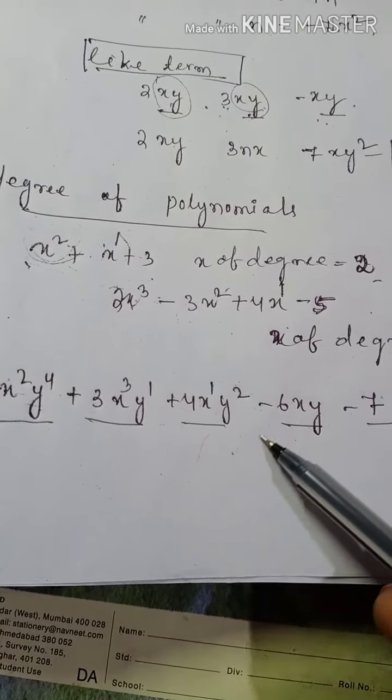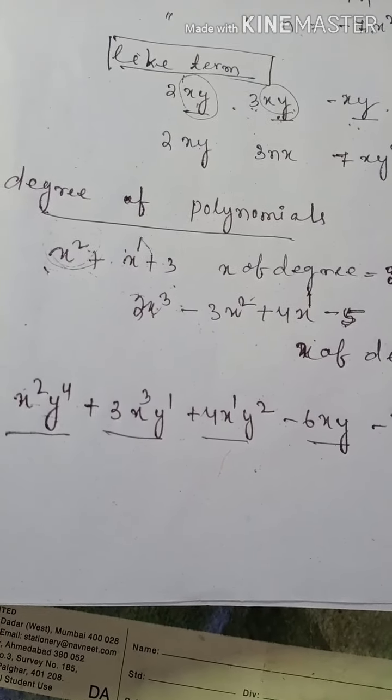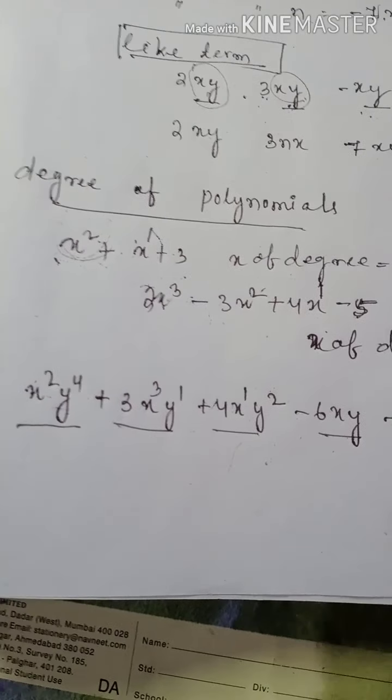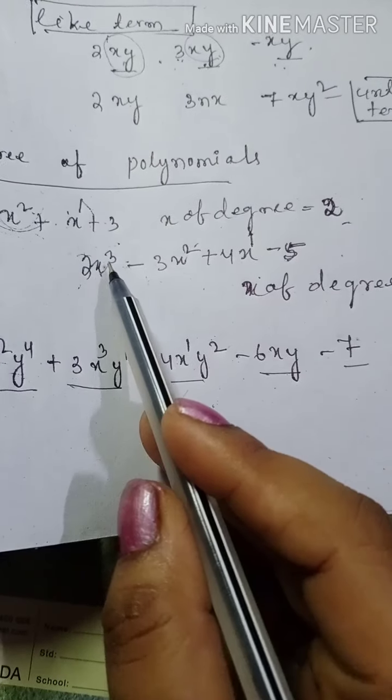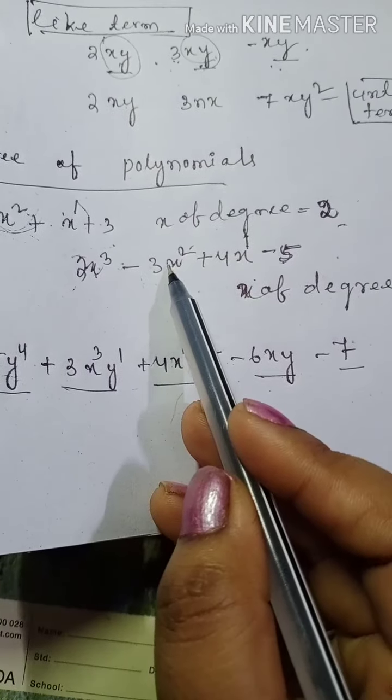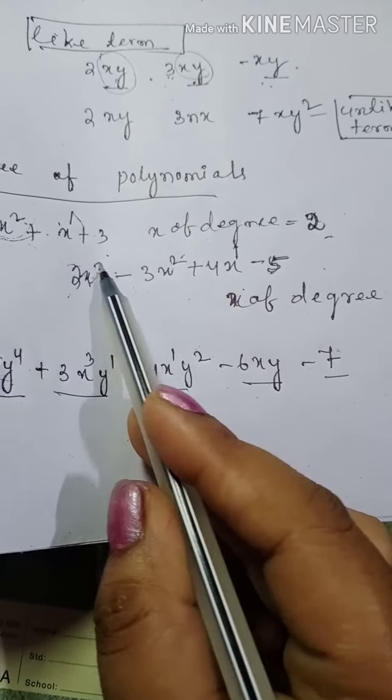Then in this case, how do we compare the degree and find which has the highest power? See what you have to do. In this case, which has the more power, x, the only one type of variable. So we have to check which is the highest value.